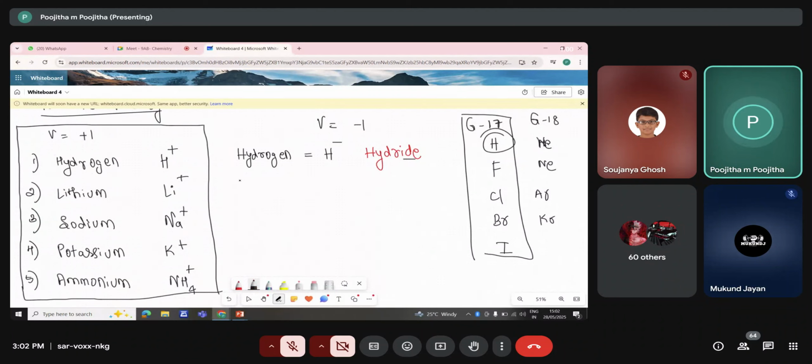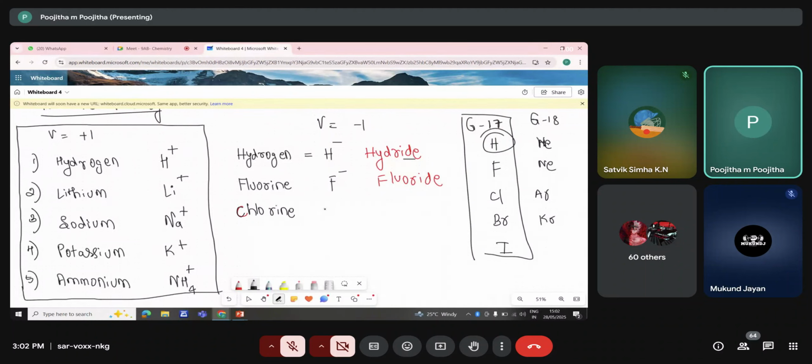Now, which is the next element? Fluorine, so fluoride. Now chlorine, chloride. Please write. Next, bromine.